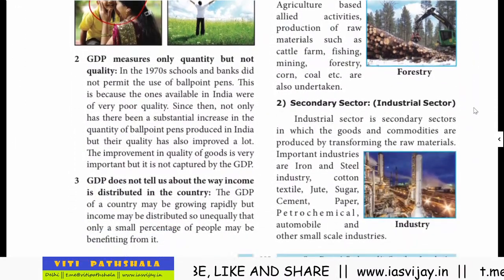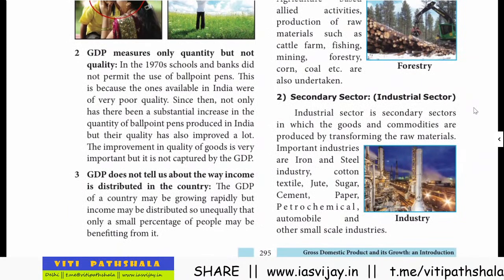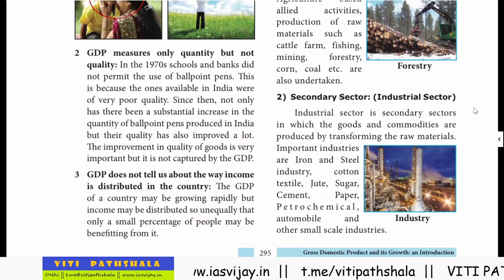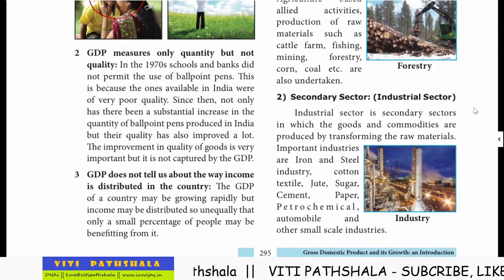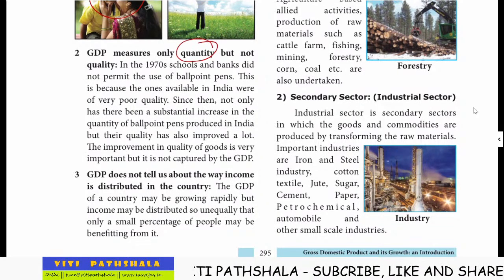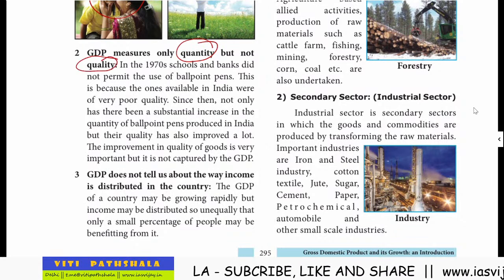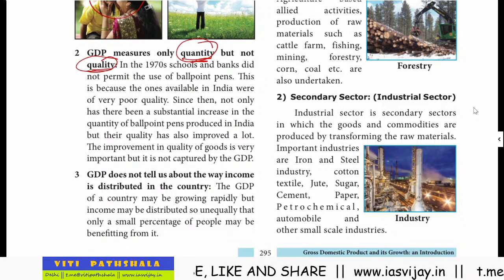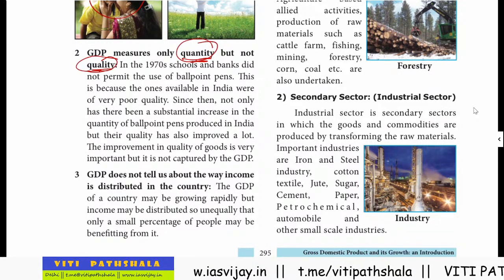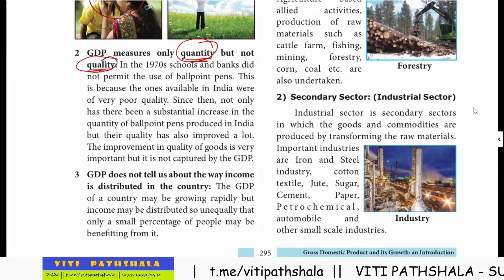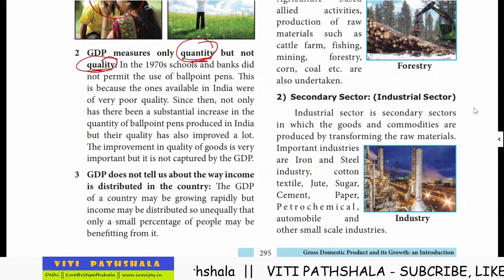But the natural things that nature has provided us are freely available. The next limitation is that GDP measures only the quantity but not the quality. So remember, it does not measure the quality of the economy. It only measures the quantity of goods produced. The quality does not matter.